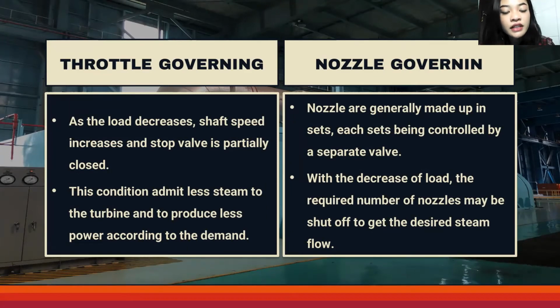Throttle governor. As the load decreases, shaft speed increases and the stop valve is partially closed and admits less steam to the turbine to produce less power according to the demand.